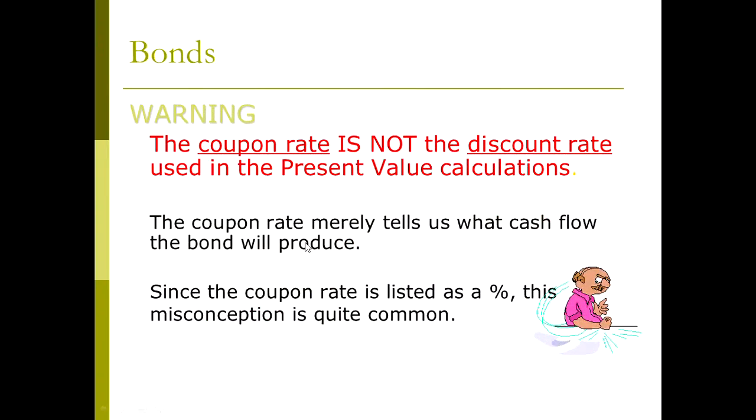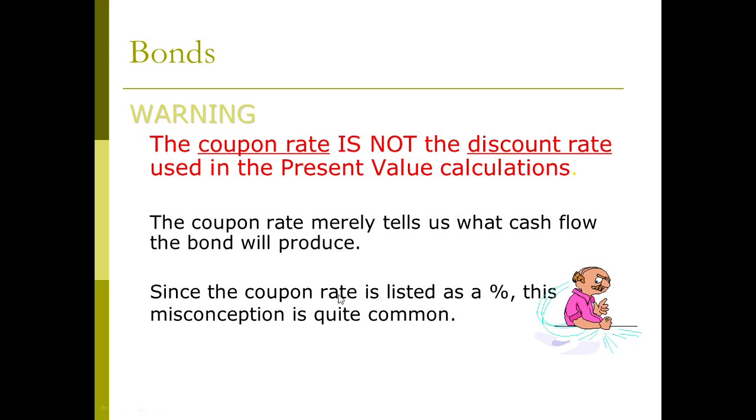One thing I want you to pay attention to is that the coupon rate is not the discount rate. The coupon rate tells you what cash flow the bond will produce. In our previous example, a 5% coupon rate means you will receive 5% times the face value $1,000, a $50 coupon payment.